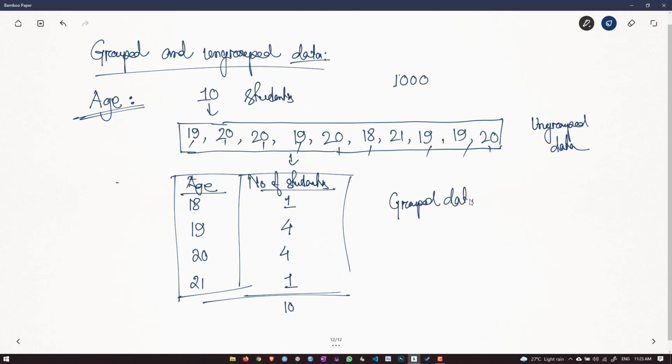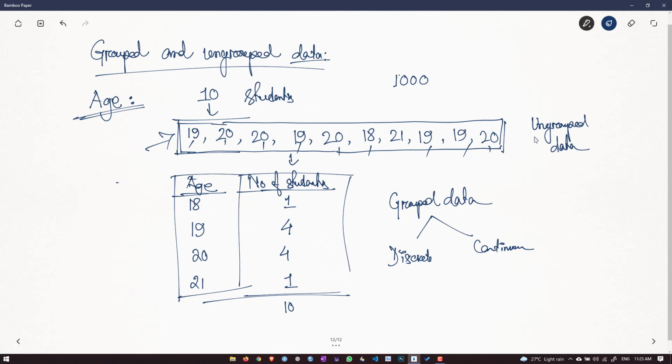Grouped data, right? Now grouped data are also two types. One is discrete and one is continuous. Now discrete is when you are grouping the values. Now this was our raw data, right? Our original data.